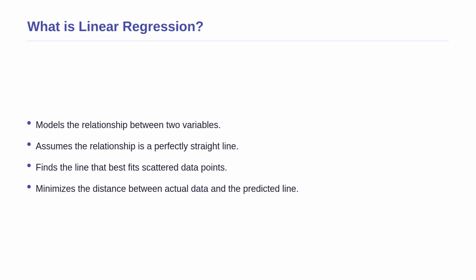Think of it like drawing a straight line through a scattered flock of birds to guess where the next bird will appear. Our main objective is to find the specific straight line that best fits our scattered data points. We do this by minimizing the distance between the actual data we have collected and the line we are predicting.